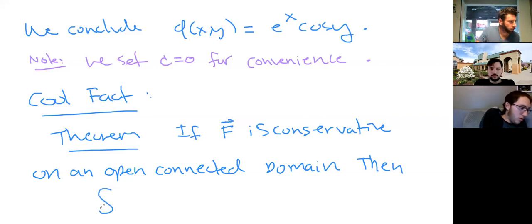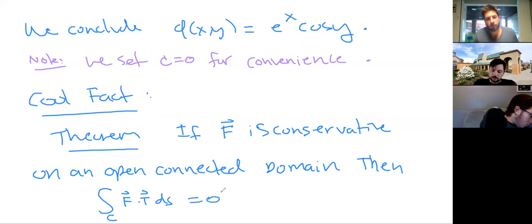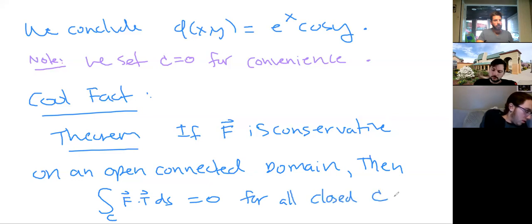Then the line integral of f dot t ds is 0 for all closed C. I guess I should be very careful here because it has to be simple as well.